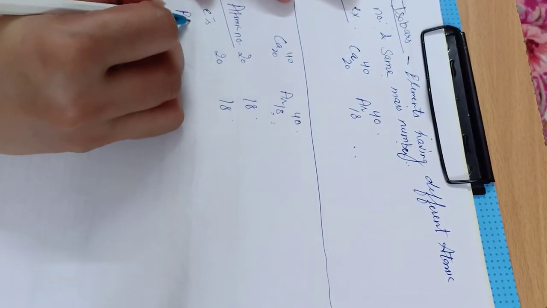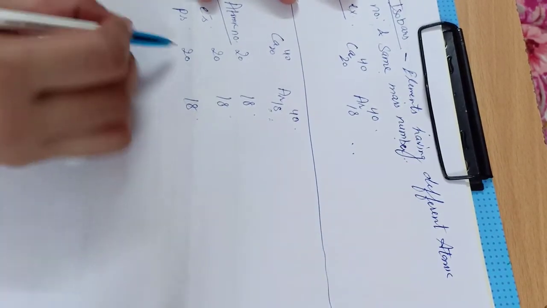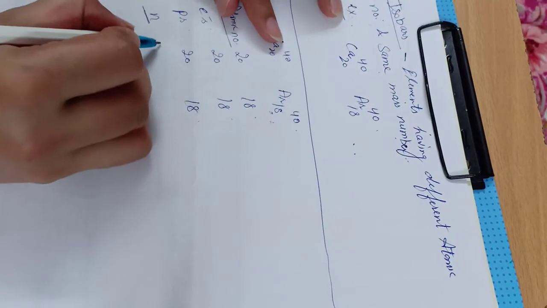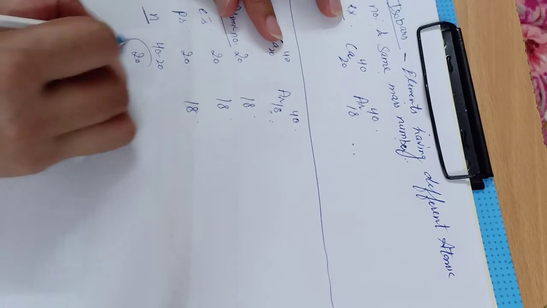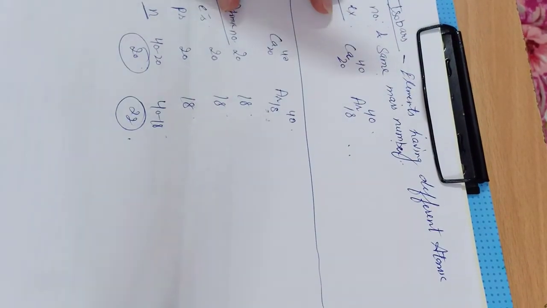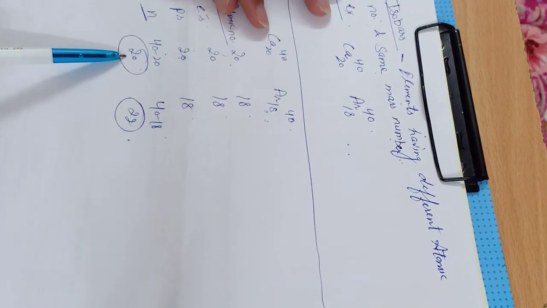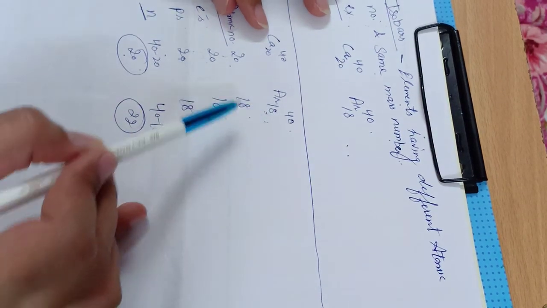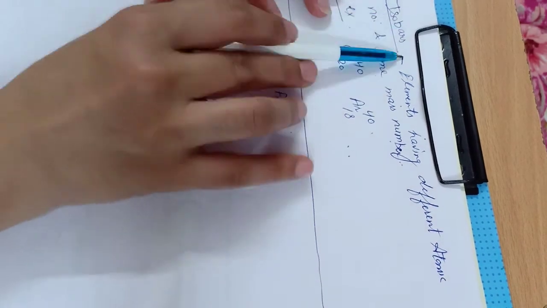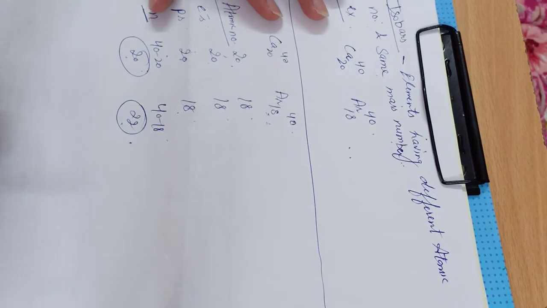Protons are also 20 and 18. In case of neutrons, here neutrons are 40 minus 20, which is 20, and 40 minus 18, which is 22. So for calcium, electrons and protons are 20, neutrons 20. In case of argon, 18, 18, and neutrons 22. So in case of isobars, mass numbers are the same, atomic numbers are different.